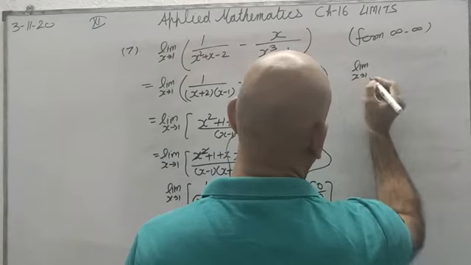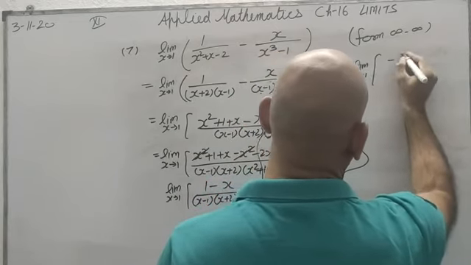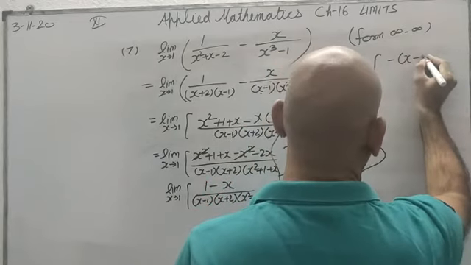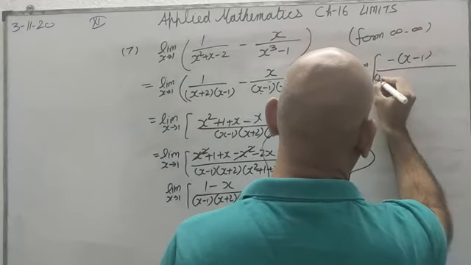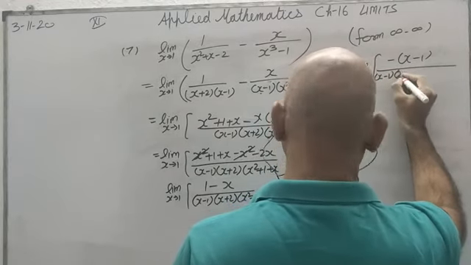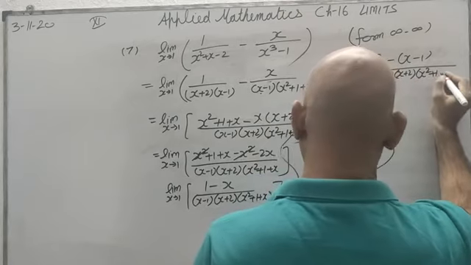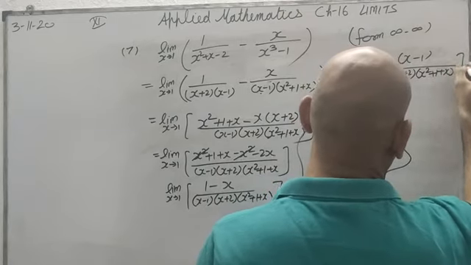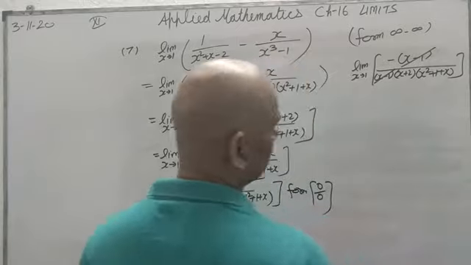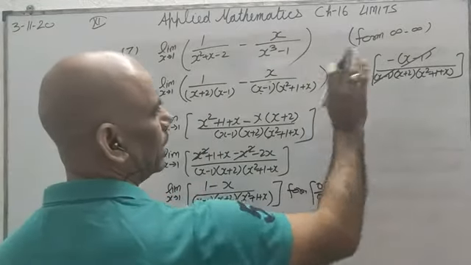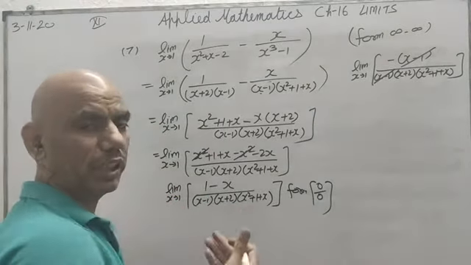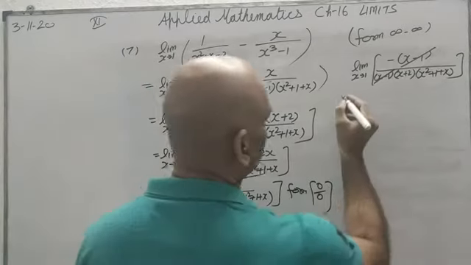Limit x tends to 1. नेगेटिव मैंने कॉमन लिया तो ये हो गया x minus 1. At the bottom it is x minus 1, x plus 2, x square plus 1 plus x. x minus 1 से x minus 1 कैंसिल. As I told you, x minus 1 खत्म होना चाहिए. x minus 1 खत्म हो जाएगा, 0 by 0 खत्म.